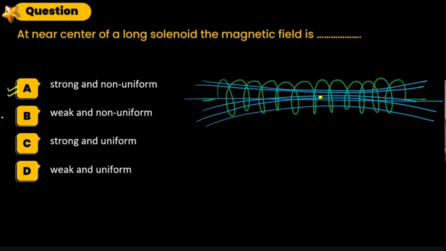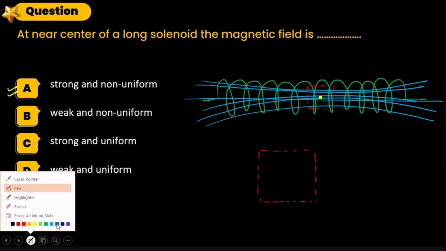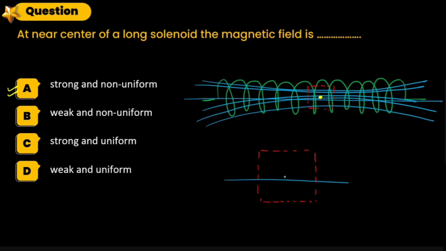But if you look at the small section of this side, like this particular section I'm talking about, and if I try to draw it once again, so this field line is something like this.